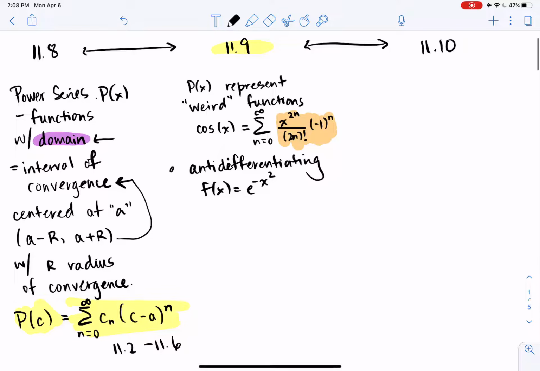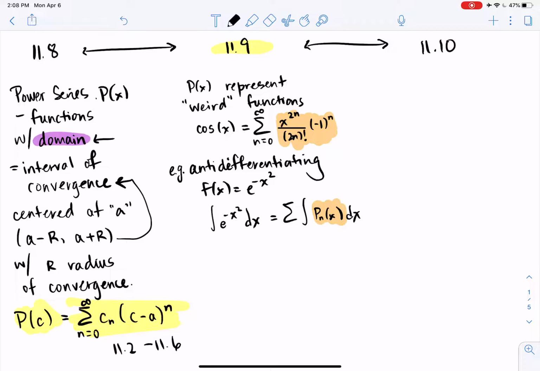So for example, anti-differentiating e to the negative x squared, we'll be able to do in the very first problem on this worksheet simply by anti-differentiating some polynomials of degree n. Okay, so that's the really nice part about power series as functions and vice versa.